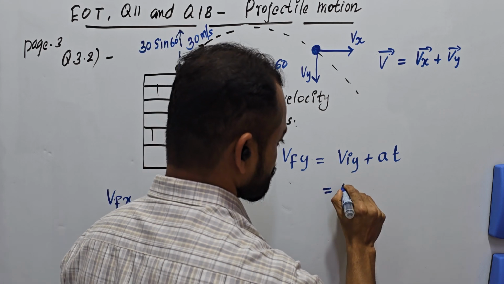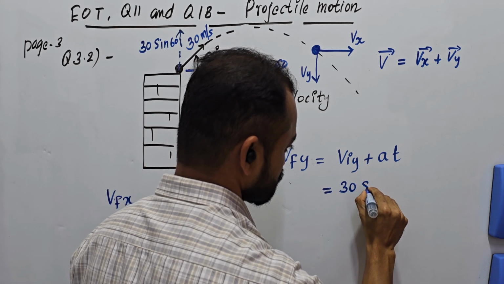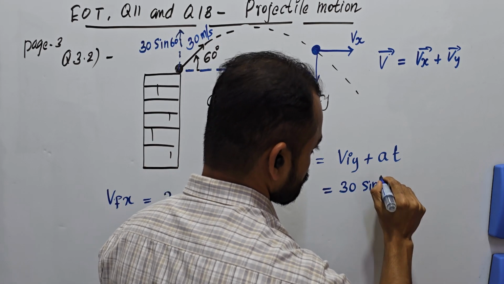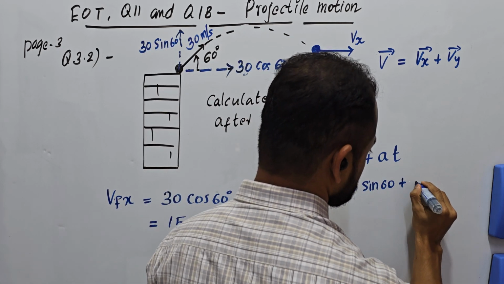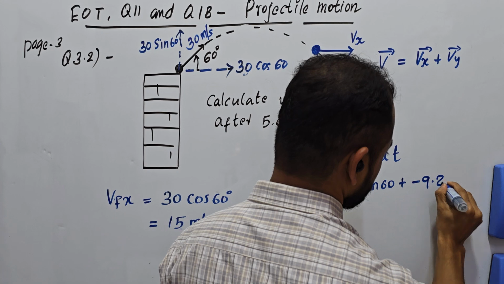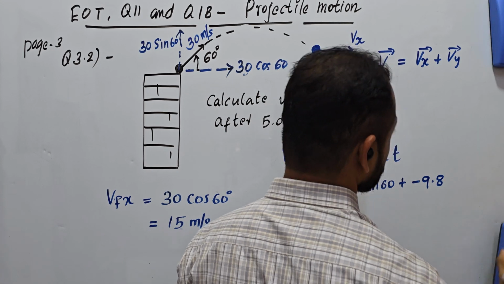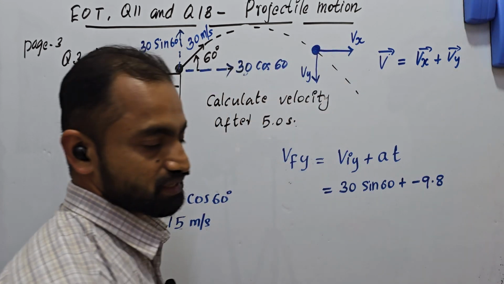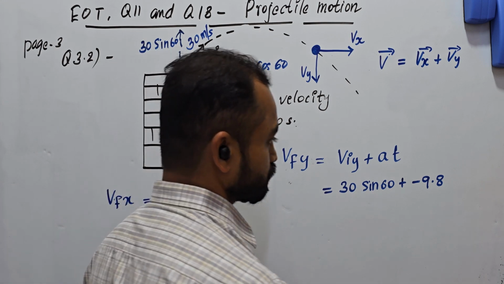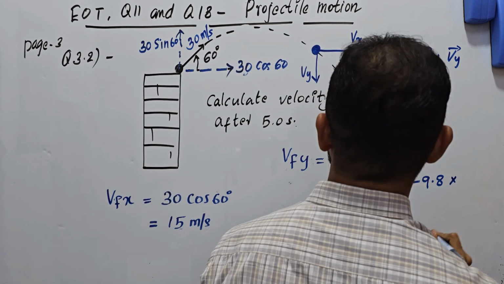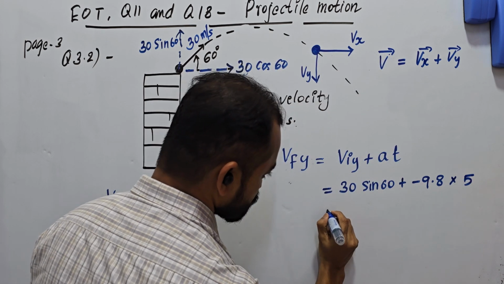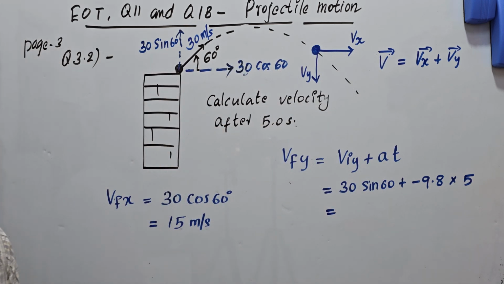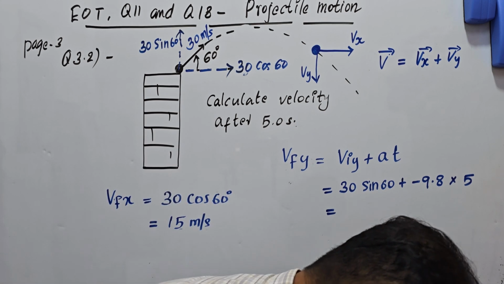The acceleration is always minus 9.8, because of gravity in projectile motion, and the time is 5 seconds. So it equals 30 sine 60 minus 9.8 into 5.